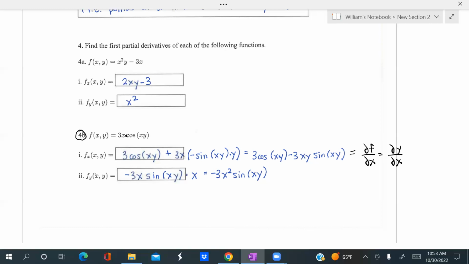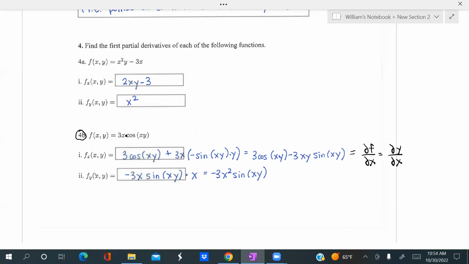What about the partial now with respect to y? I think that's a little bit easier. We don't have to use the product rule to differentiate with respect to y, because with respect to y, 3x is just a constant. So just keep the 3x, and then differentiate cosine of xy. That's going to be minus sine of xy, so that's where the minus sign comes from.